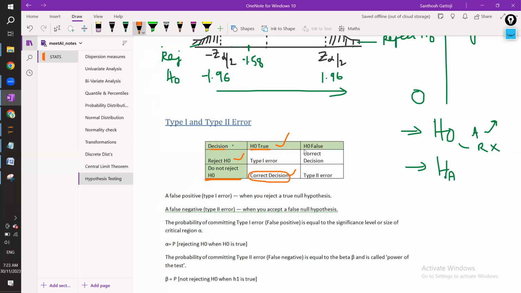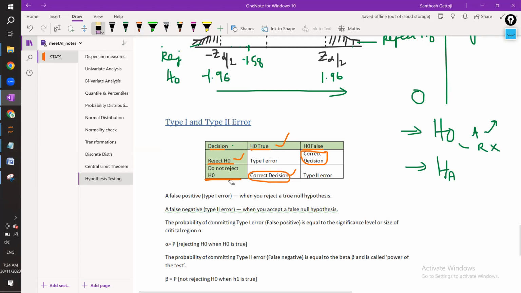And if the null hypothesis is false, and you have decided to reject it, obviously you should reject, and you have rejected. So that is also a correct decision. Agree? Do you agree, Meghna?